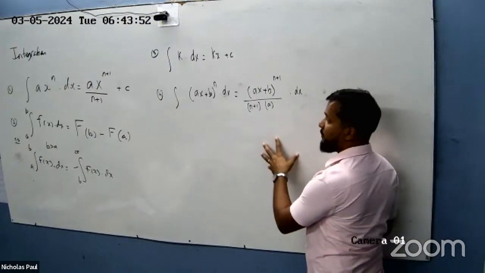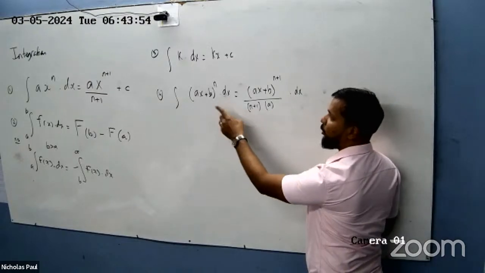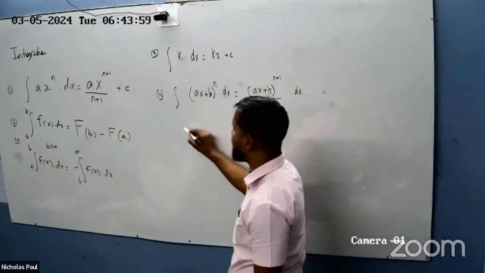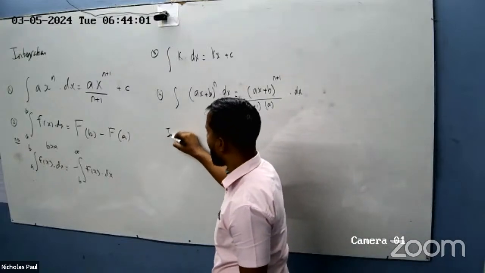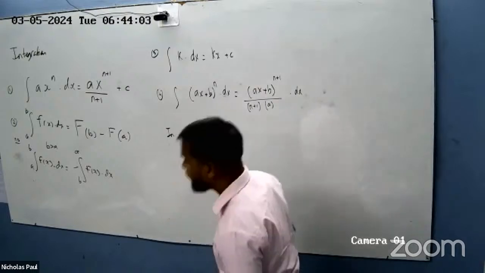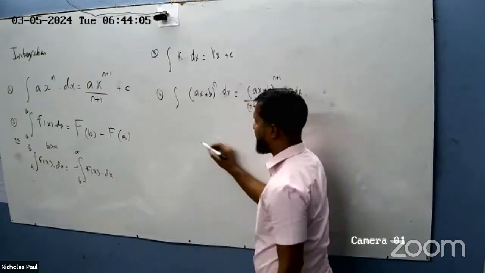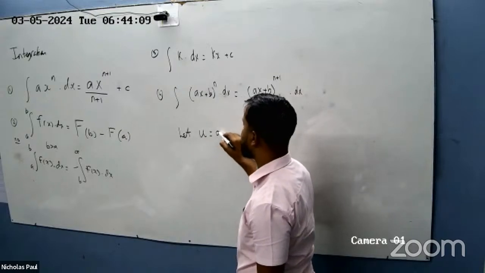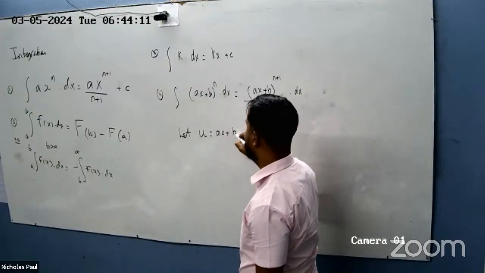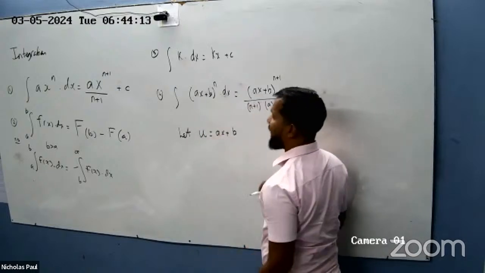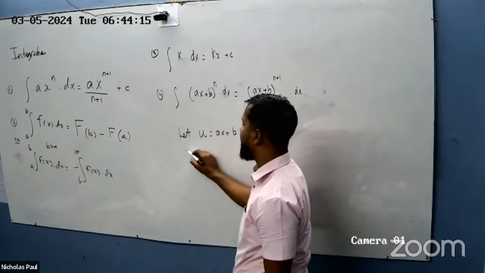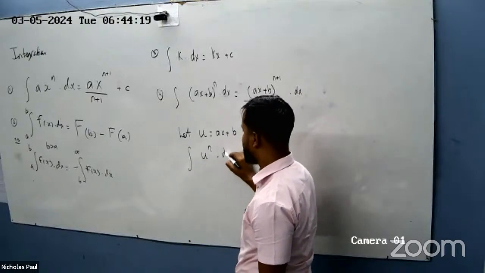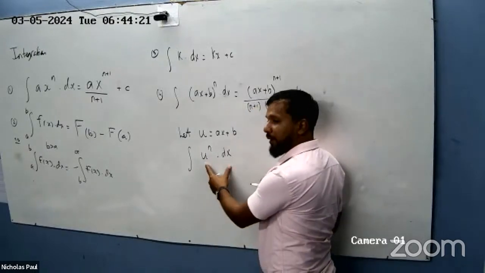So integration by substitution, a technique that we can also use to integrate things like this. All right, so watch this here. So just say I said, okay, well, let u equal ax plus b. Then here we'll have the integral of u to the n dx. But I have a big problem here, right?